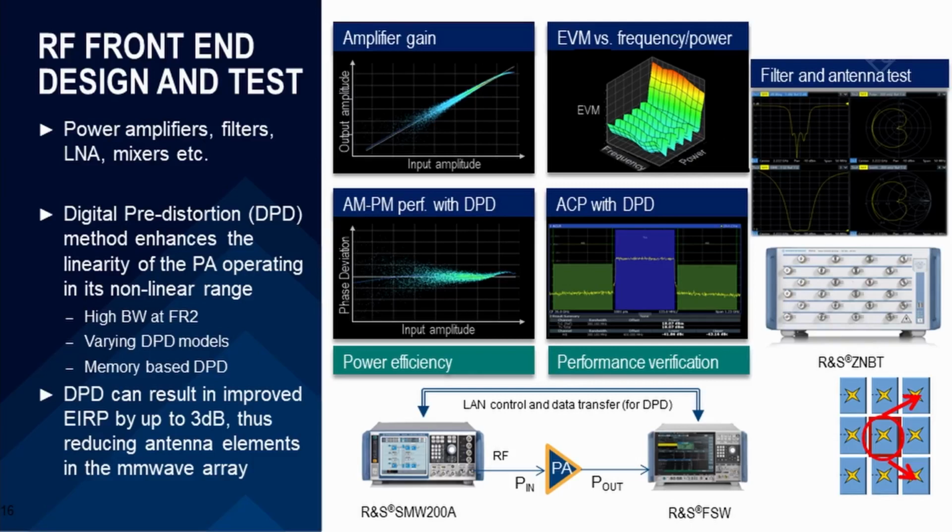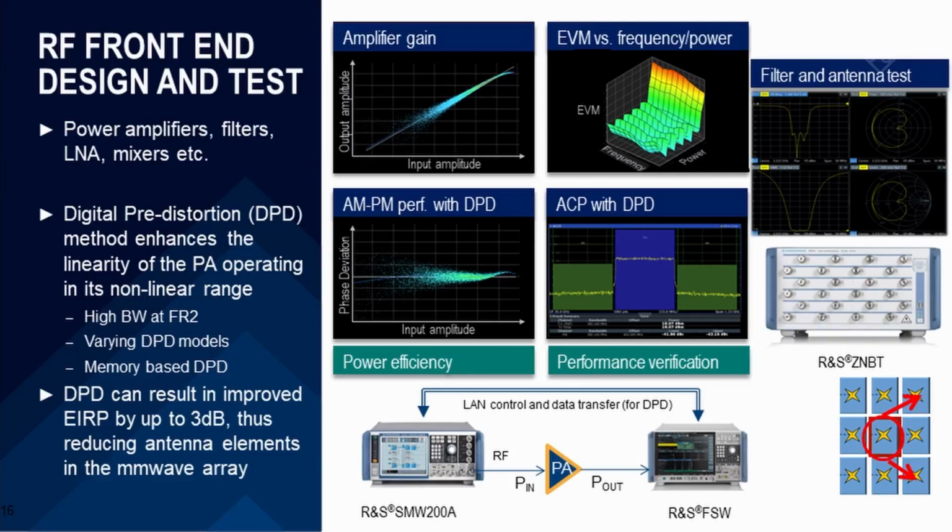The next solution is the network analyzer. There you see the R&S ZNBT. It's a true multi-port network analyzer with 24 ports, and you can do testing on multiple devices. One of its special use cases is to measure the mutual coupling between the antenna elements in an array.